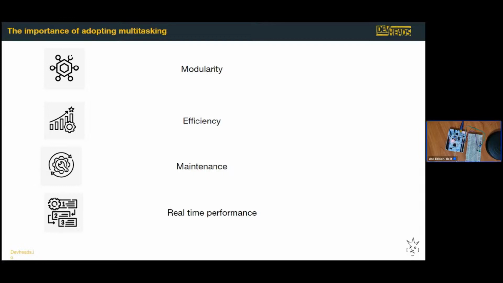Another benefit is real-time performance. In a system with real-time requirements, multitasking allows for prioritization of tasks, so a high priority task can preempt lower priority ones, ensuring that critical operations are executed within their deadlines. A good example is when you're about to crash with a car.